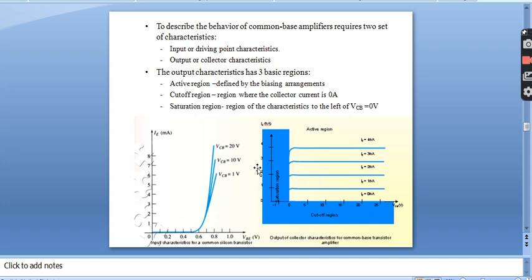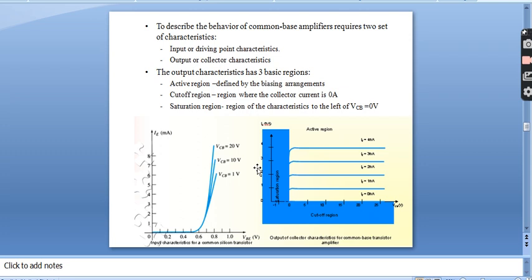Next, the output characteristics. These output characteristics are defined in three basic regions: active region, cutoff region and saturation region. The active region is defined by the biasing arrangements. The cutoff region is where the collector current is 0.